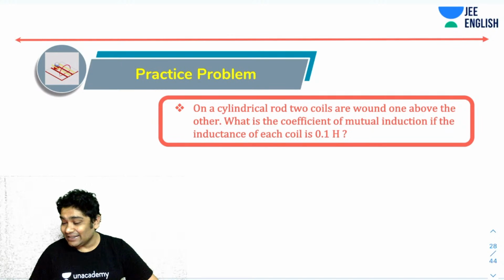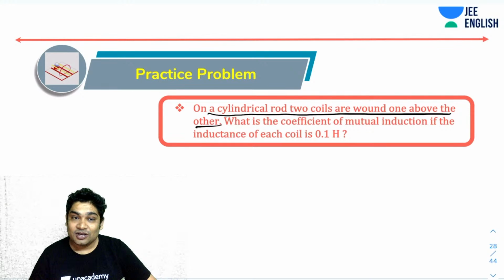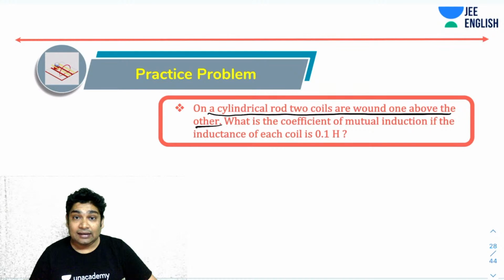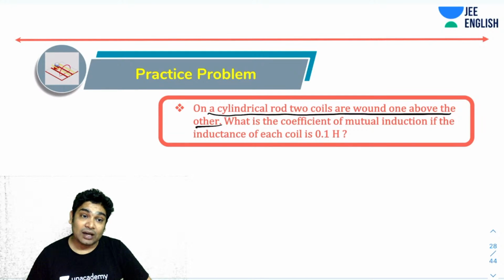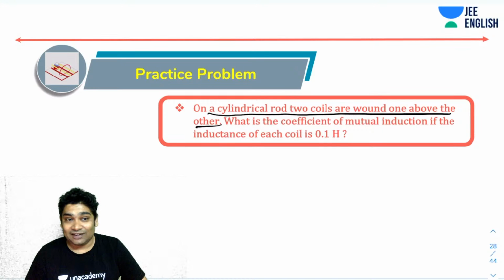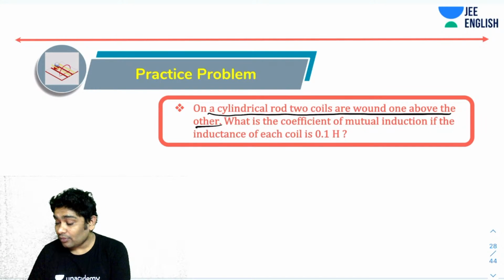Oh, very easy. So what does it say? On a cylinder, two coils have been wound one above the other. So if that is the case, then you realize that the flux of one coil would be completely linked with the flux of the second coil. Or the magnetic field would be completely passing through both the coils.